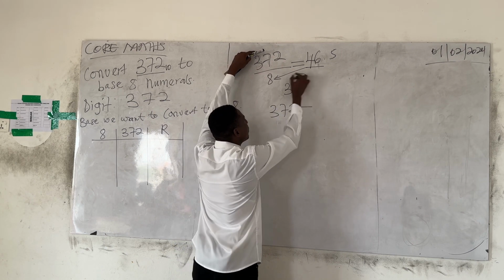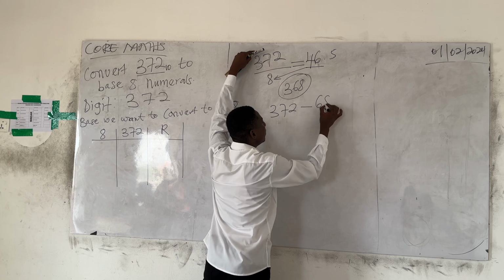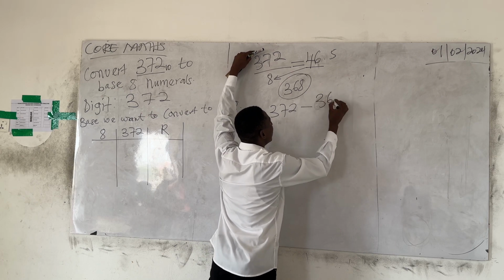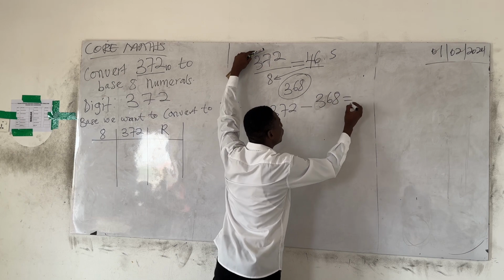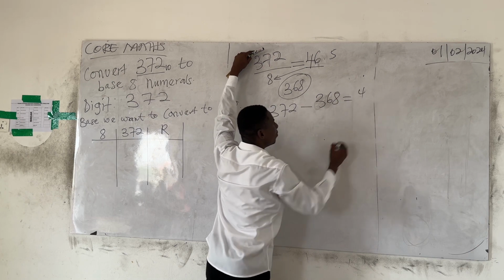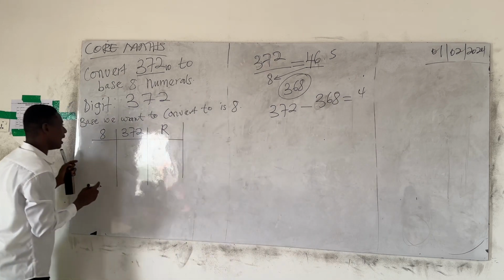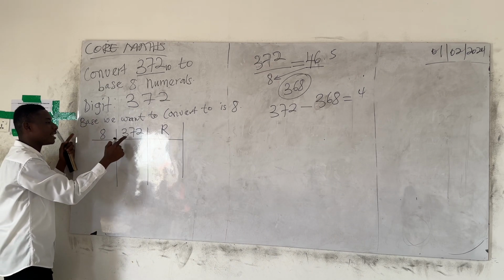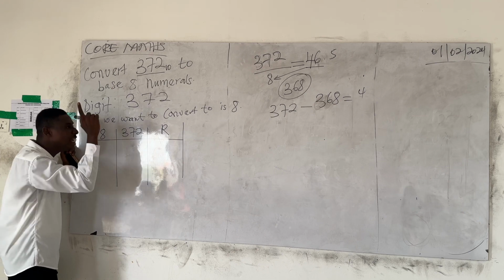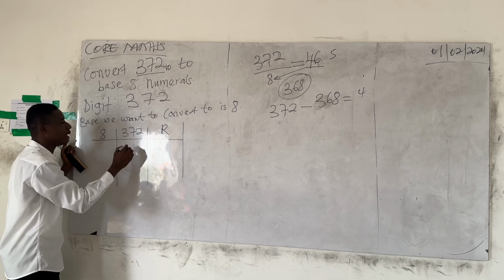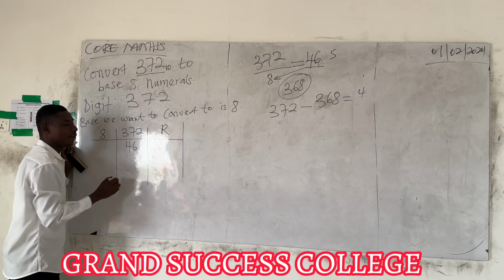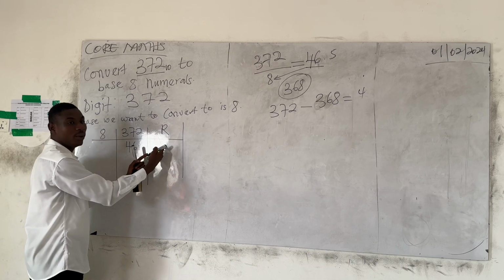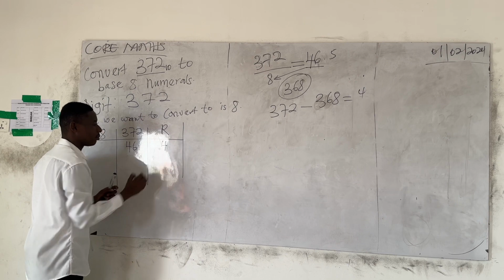Then you subtract this one from it. 372 minus 368, what will be the remainder? 4. So this is telling us that if 8 people are sharing 372 items, each person is supposed to get what? 46, which is 368. Remaining what? 4.